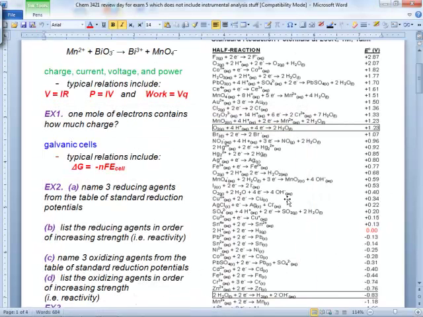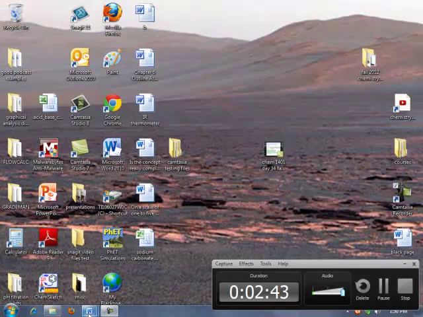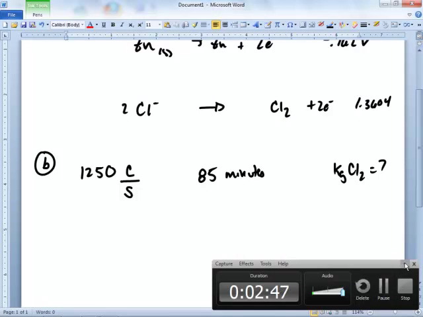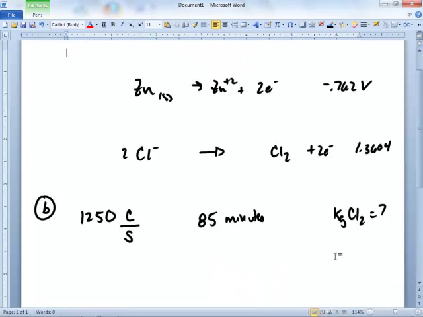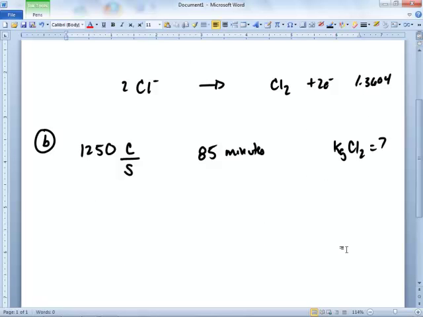Kilograms of chlorine. So we are going to need an overall reaction, aren't we? To do this, we might as well get it. Well, let's not. Hold on, I'm jumping ahead. You may not see it, so let's get only what we need.